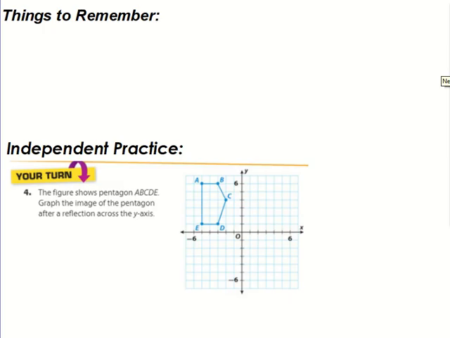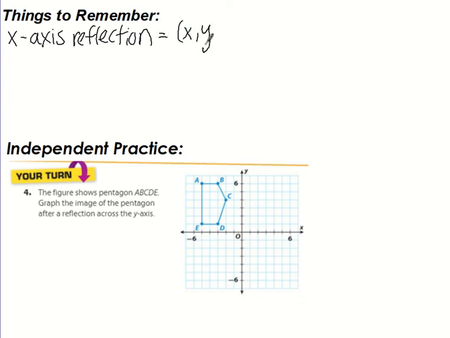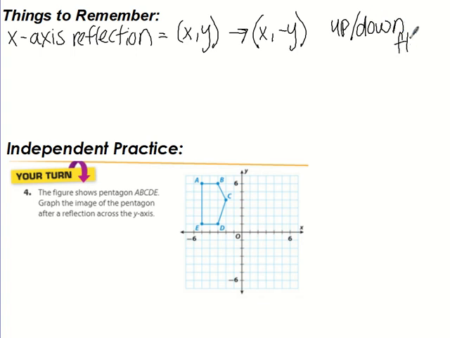All right, things to remember. X-axis reflection equals x, y goes to x, opposite y. It's an up, down flip.